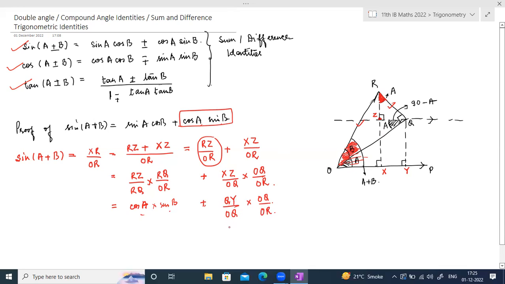Now what is QY over OQ? Isn't it sine A? And what is OQ over OR? It's cos of B. So cos A into sine B plus sine A into cos B is sine A plus B.